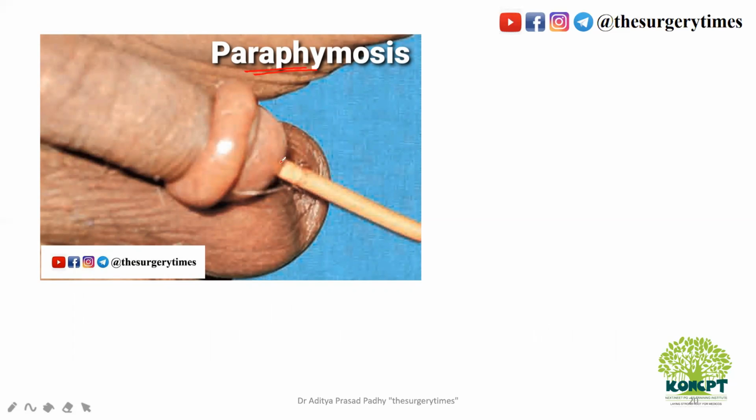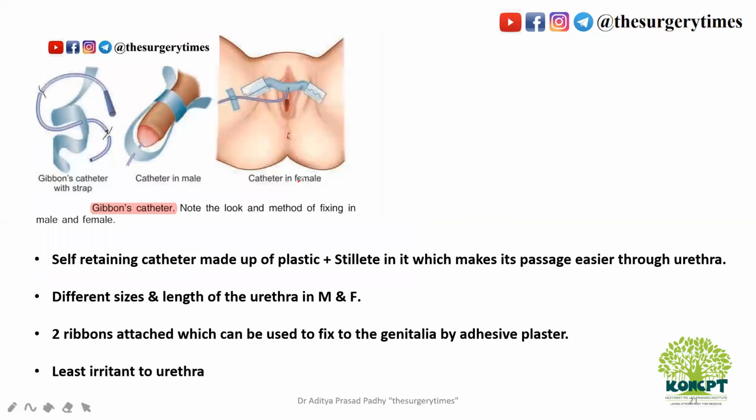After inserting the catheter, we forget to revert back the prepuce, by which edema in the prepuce occurs, and this is called paraphimosis. It is one of the complications after catheterization, so we should look into it.